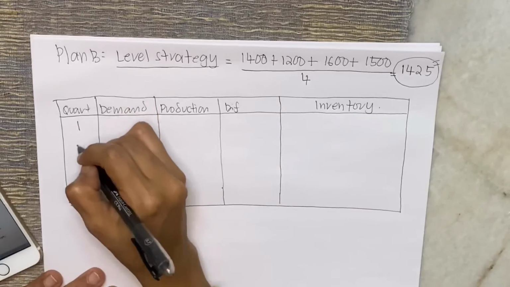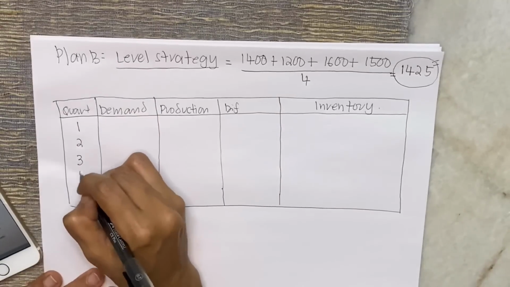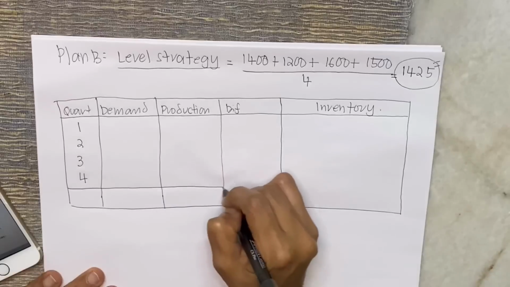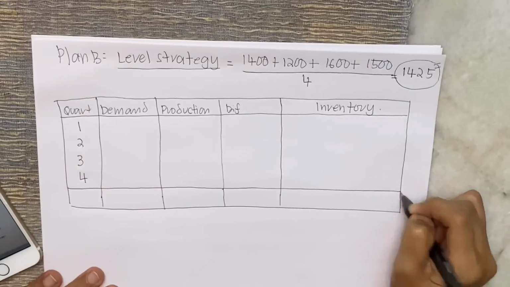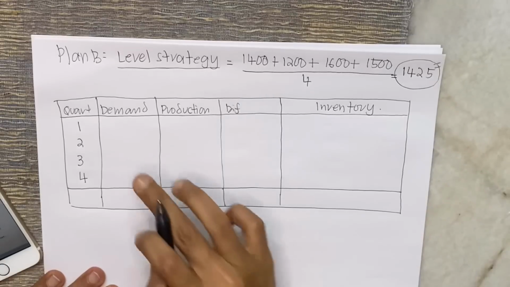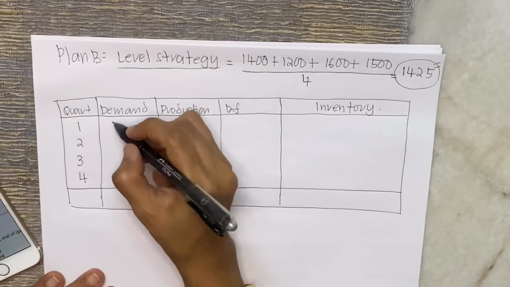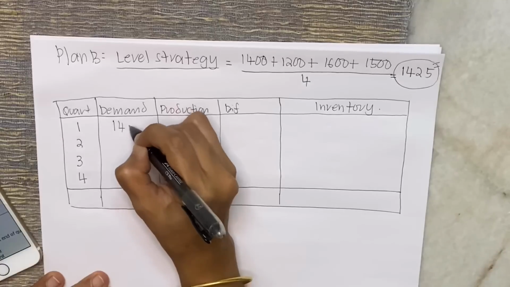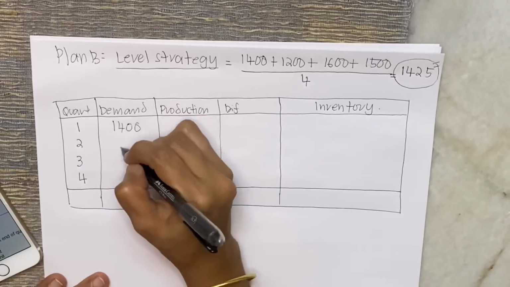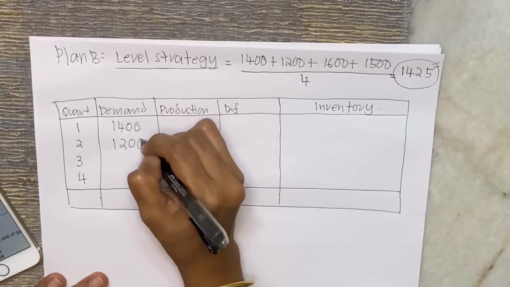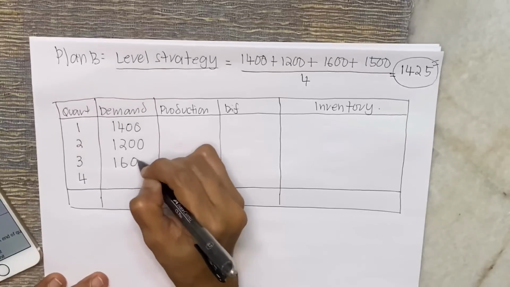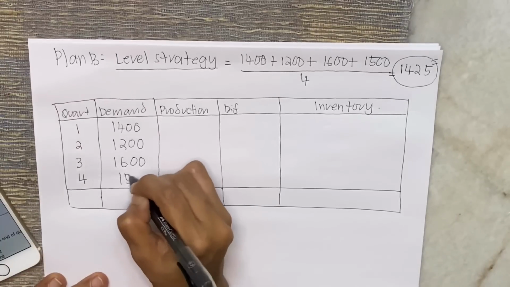How many quarters? 1, 2, 3, 4. Right. So the demand. Write the demand as given in the question: 1400, 1200, 1600, as well as 1500.